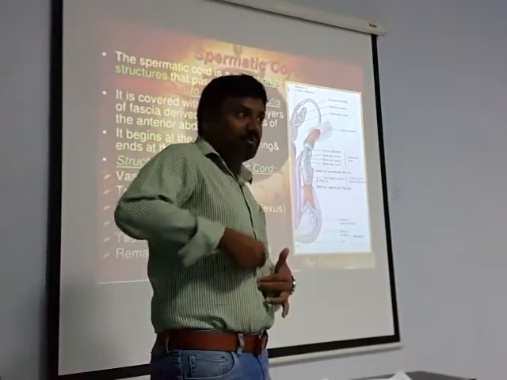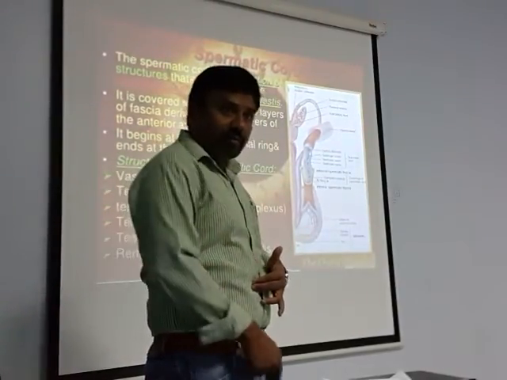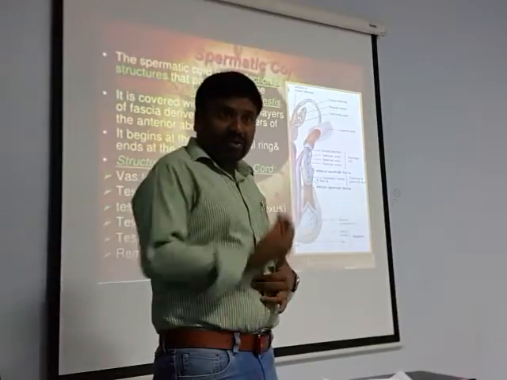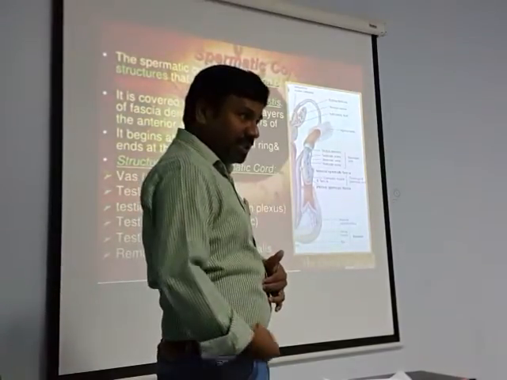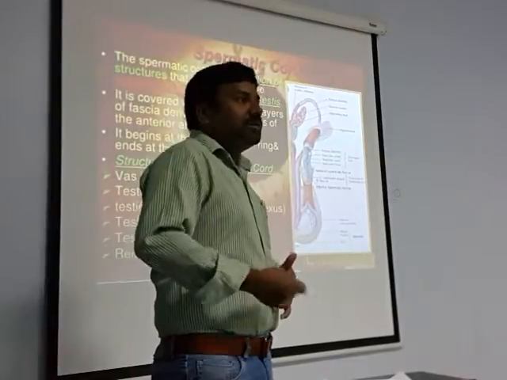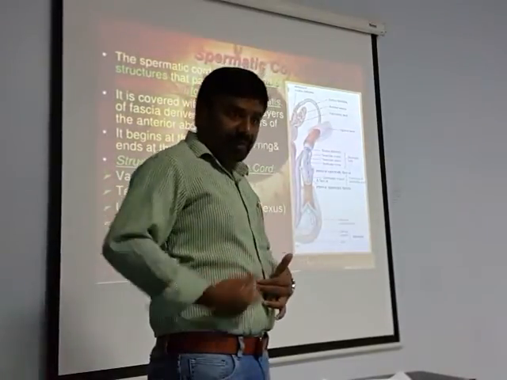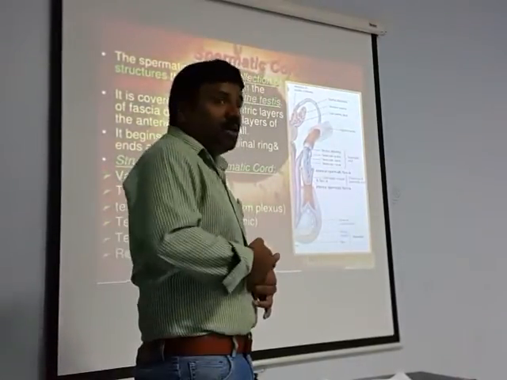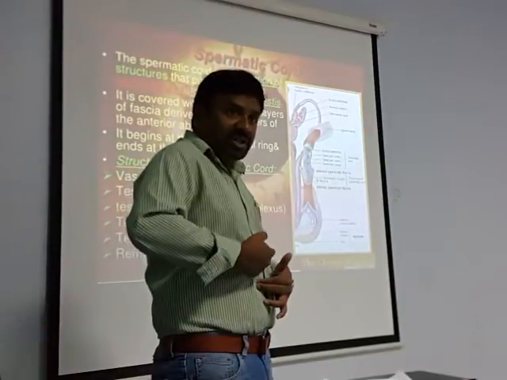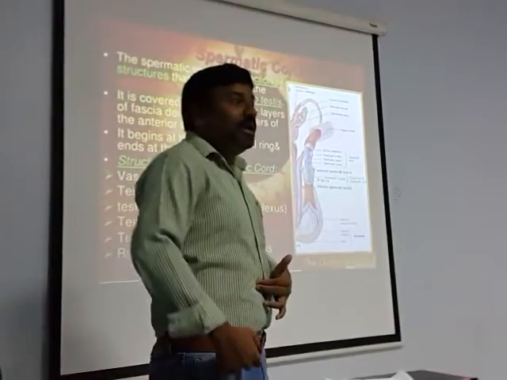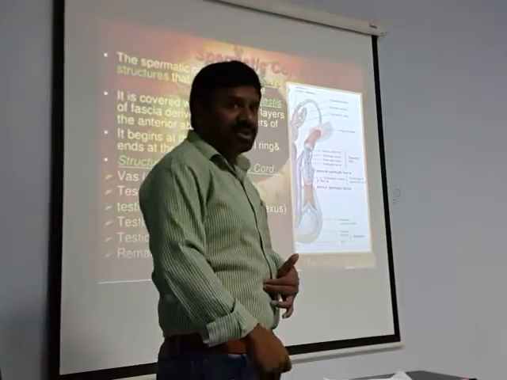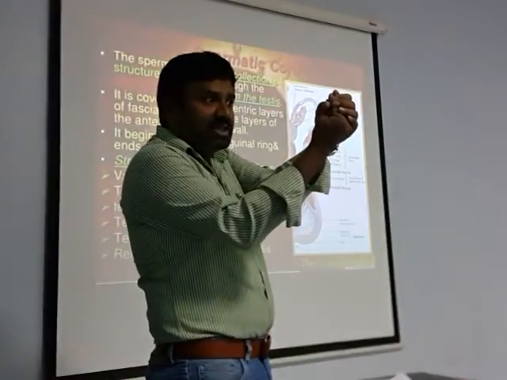Then the testicular nerve, and the vas deferens, which comes from the testis and then drains into the urethra. So all those structures which are going to and coming from the testis make up the cord-like structure.